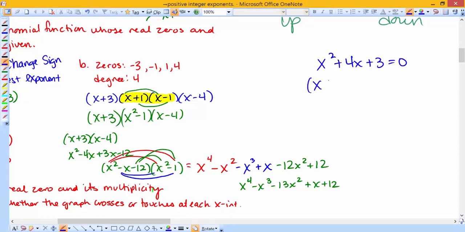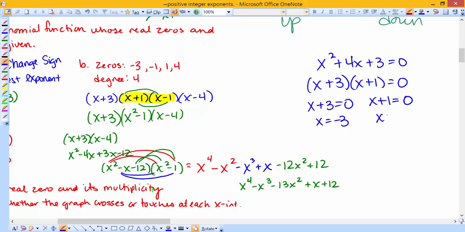I would have to factor this, so I'd have x plus 3 and x plus 1. And then I would need to set each of these factors equal to 0. And then in solving for x, I end up having to move the 3, and I move the 1, which does change the sign.